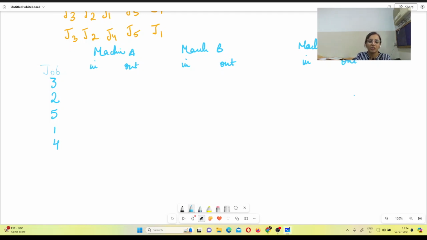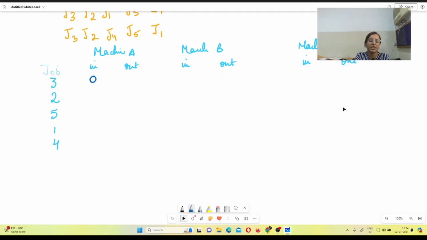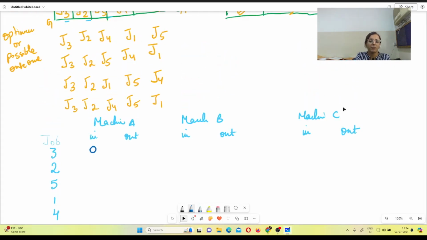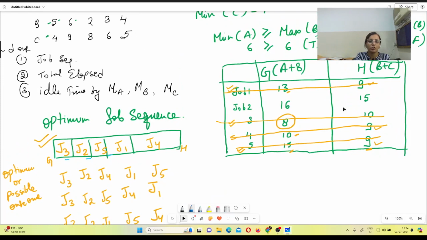Now again start with the same question. Putting the values, for job 3, first we start with 0. Now we have to check the processing time by machine A for job 3. Now, what have we taken? 3, like machine 1, job 3.